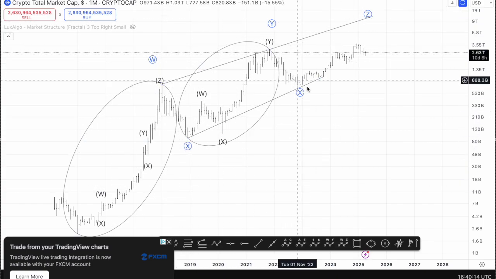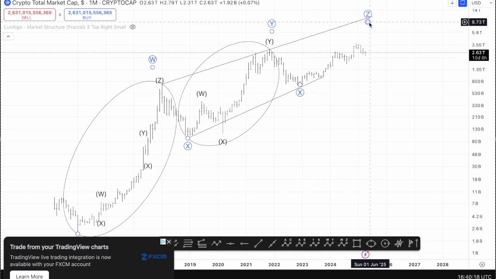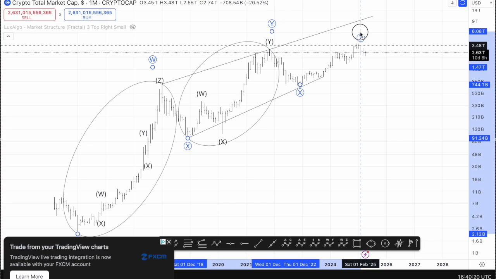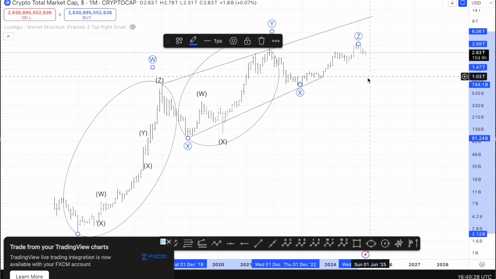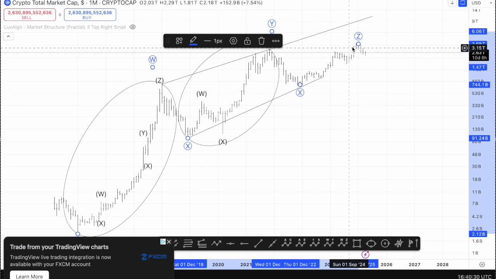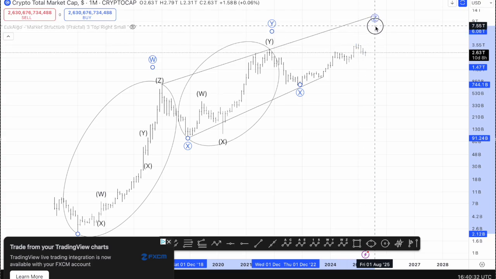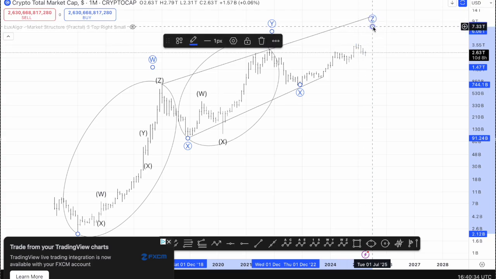Now, based on this count, we are in a leg Z, and it depends. We can say that this leg has been over, it's finished, and the market is going to correct a little bit deeper than this. Or we could say that this leg Z is going to be continuous, and we're going to be going to new highs again. But this is not the subject of this video.